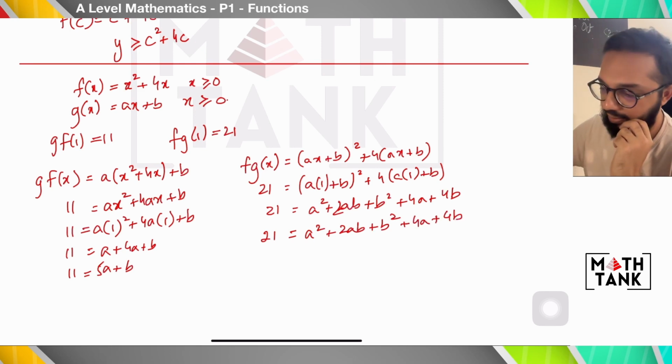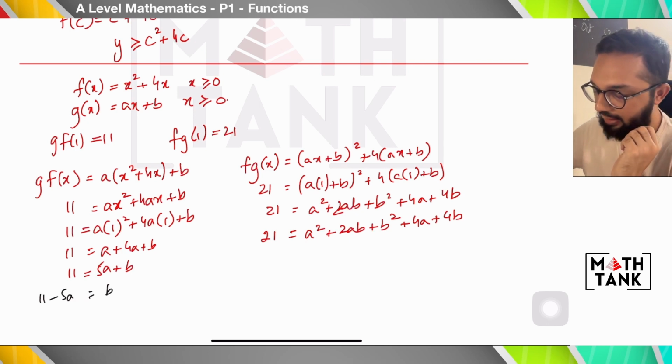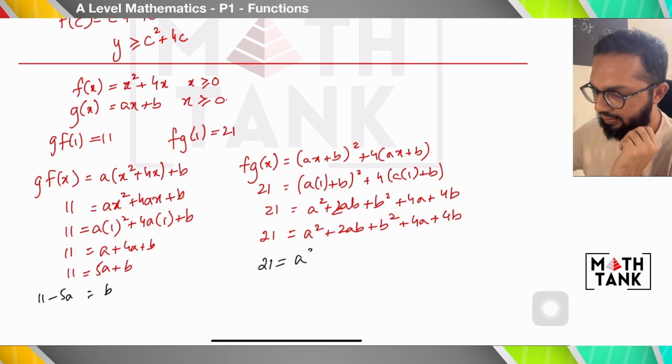Nothing gets replaced. From here I can see that there's a substitution, b equals 11 minus 5a, so I'm going to do that. It's a 6-mark question, which is why it's slightly longer than other questions.